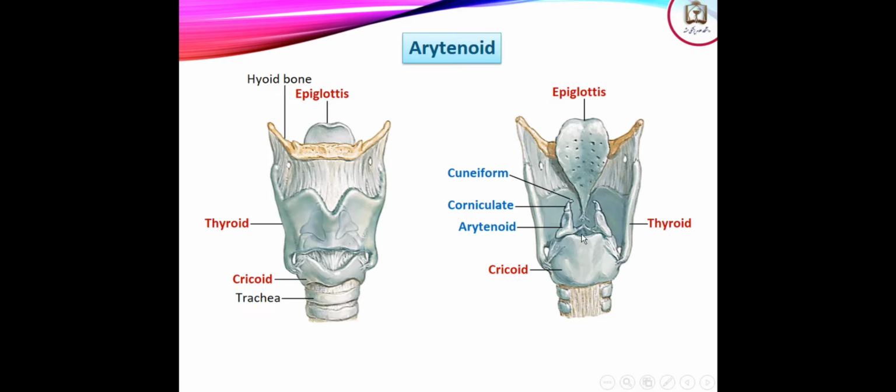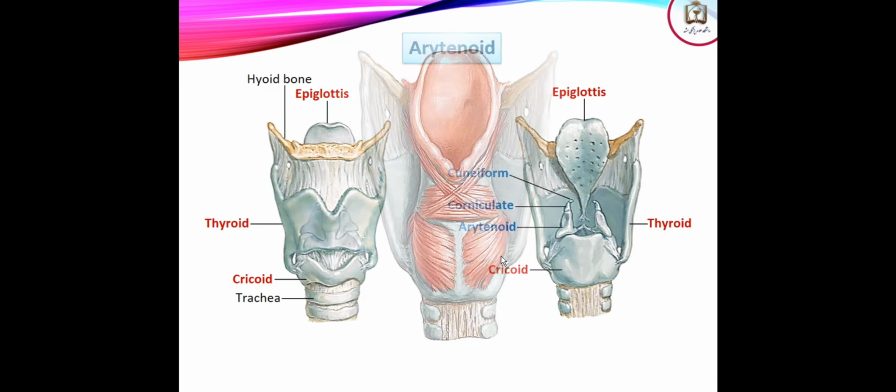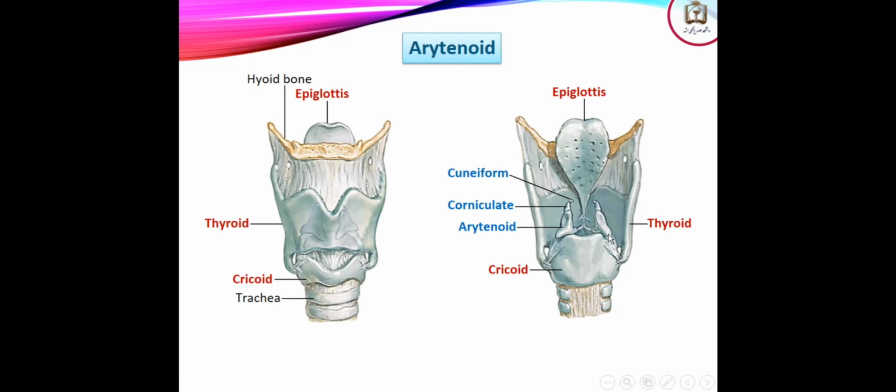As you see, the anterior process gives attachment to the vocal ligaments, and because of that it's called the vocal process. The lateral process is an attachment for several muscles, for example the posterior cricoarytenoid muscles, and is called the muscular process.